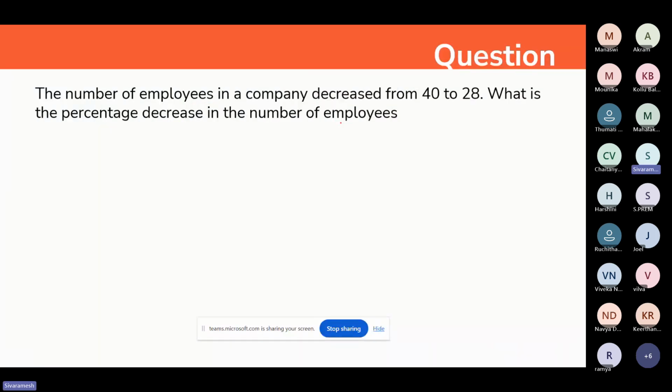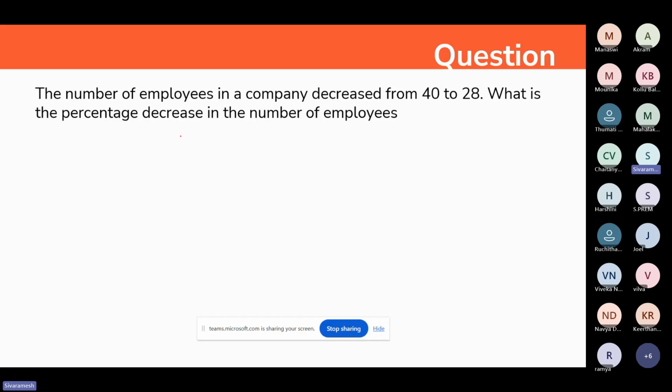Okay. Can you try to answer this? Yes, 30%.